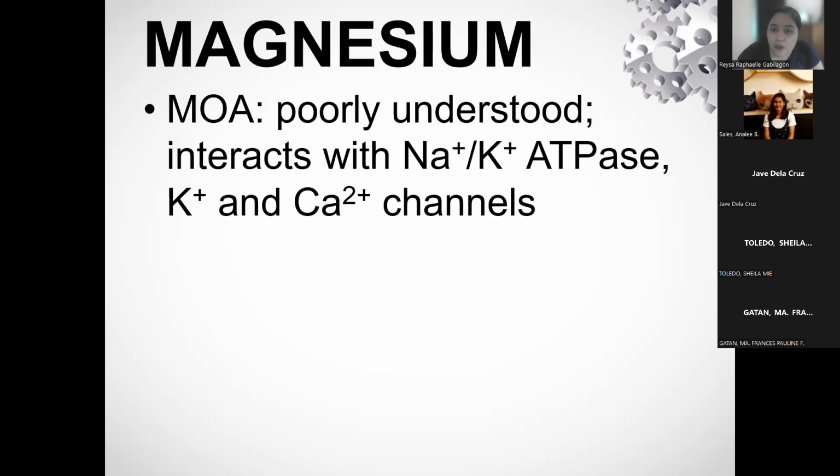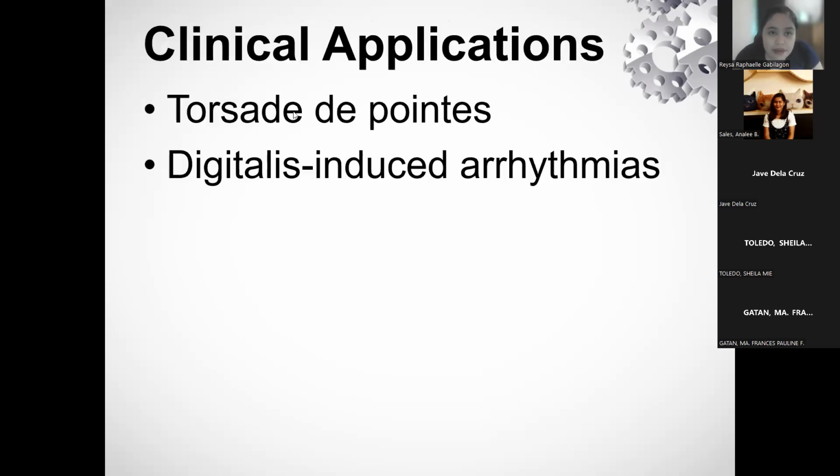It can interact with the sodium-potassium ATPase, definitely affecting the exchange of sodium and potassium. And aside from that, magnesium has interactions with potassium and calcium channels. But nevertheless, hindi pa talaga masyadong ma-explain ang kabuuan na activity ng ating magnesium.